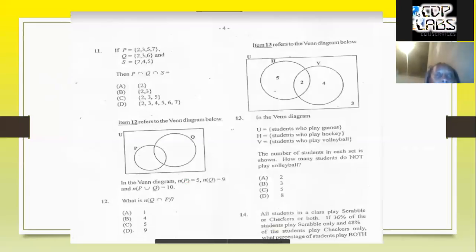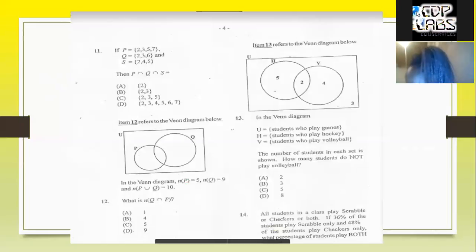So two, three, and five. C. C? Yeah, sure. What does intersect mean? A number.